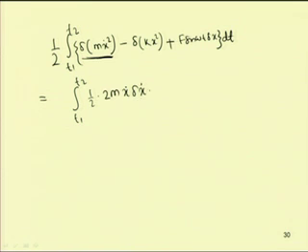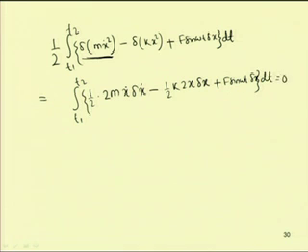Similarly, the second term gives k into 2 x into delta x, plus F sin omega t delta x, dt, equal to 0.